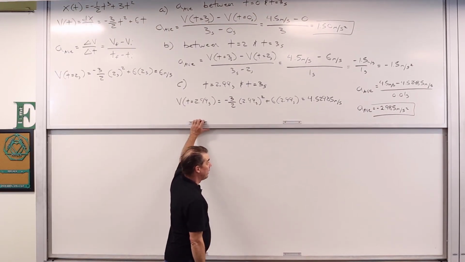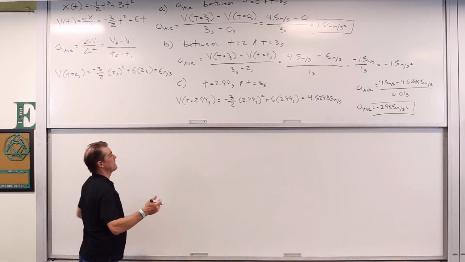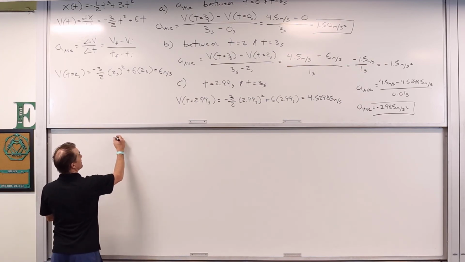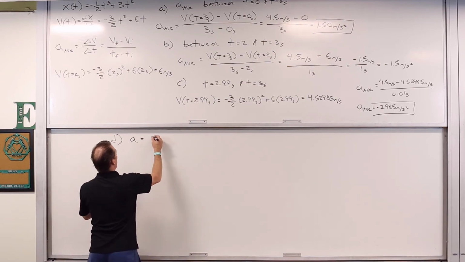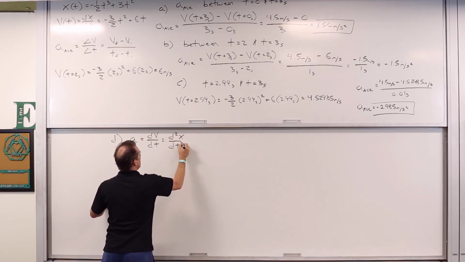All right, so definitely slowing down right around t equals 3 seconds, right? So the question is, what is its actual instantaneous acceleration at t equals 3 seconds? A is equal to dv by dt, which is equal to d squared x by dt squared.